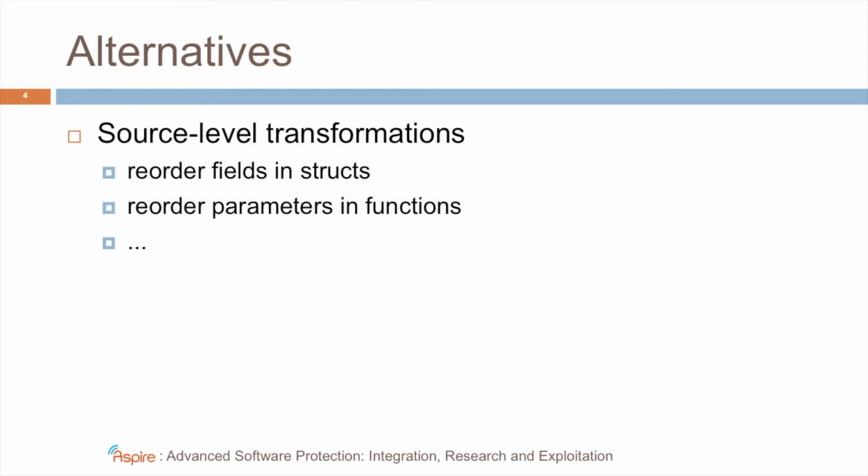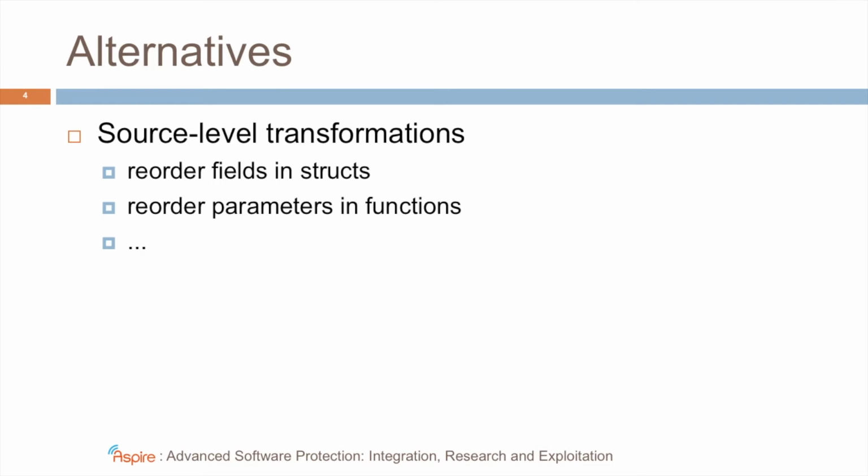We have not implemented tool support for those source level transformations in our project, but ideally all of them would be combined. In the previous slide I mentioned tools like IDA Pro and BinDiff, but there are also other attacker tools like pointer chasing tools, of which the usefulness will decrease if the program is diversified.